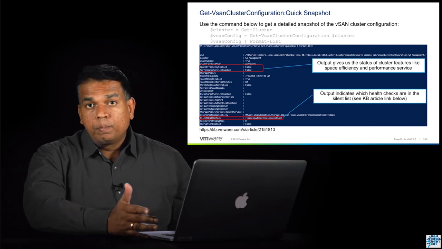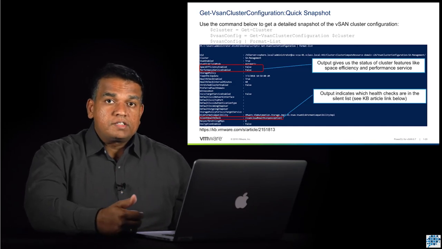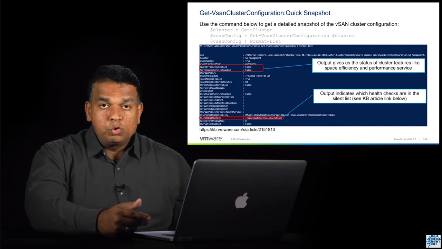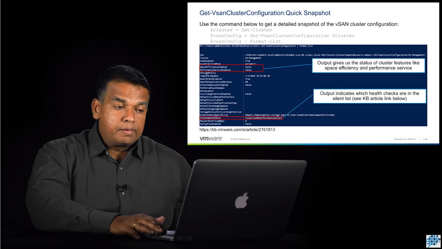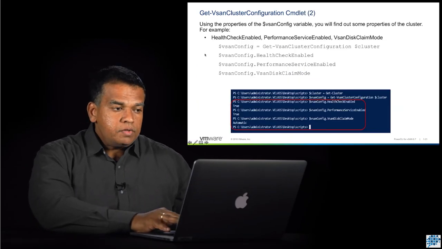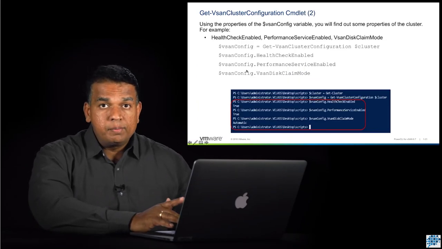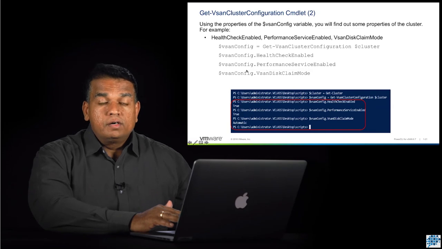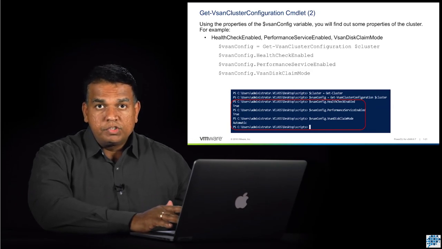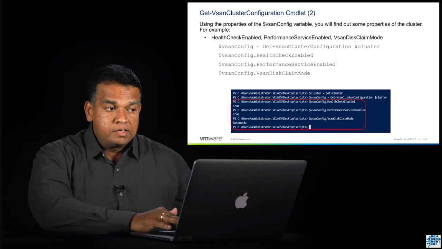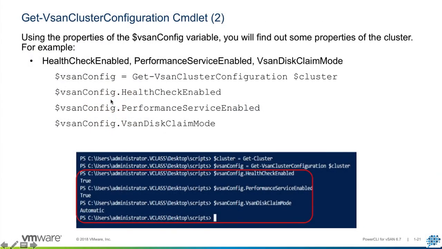However, if you want to customize this report in a different way, or maybe your script requires you to pull out these settings one by one, there is a way to do that. Here I am looking at the different properties of the vsanConfig variable, which stores the properties of that cluster. I am looking at three properties.